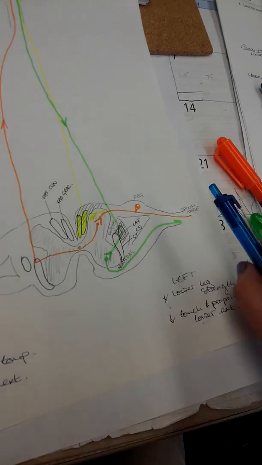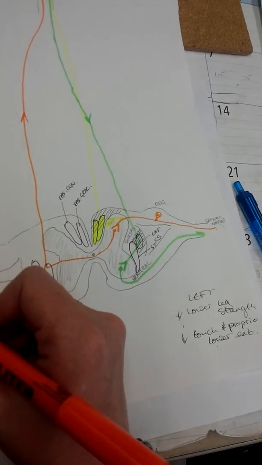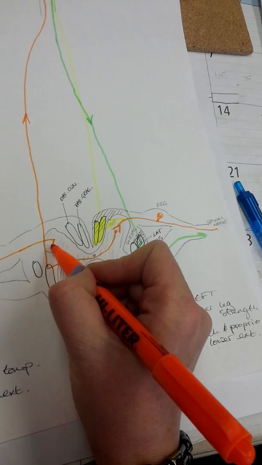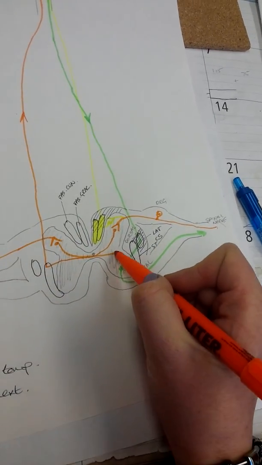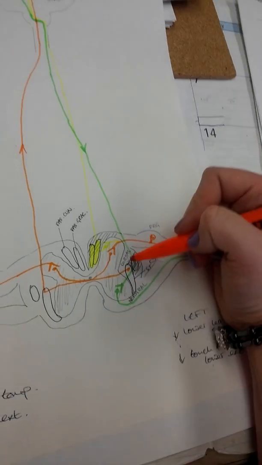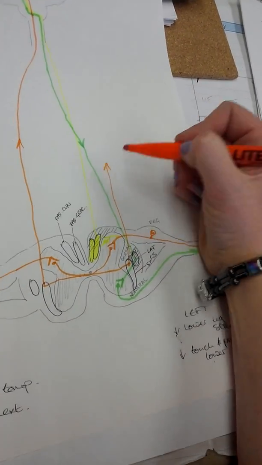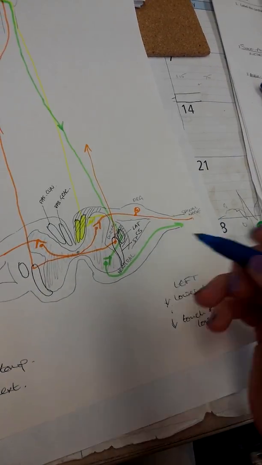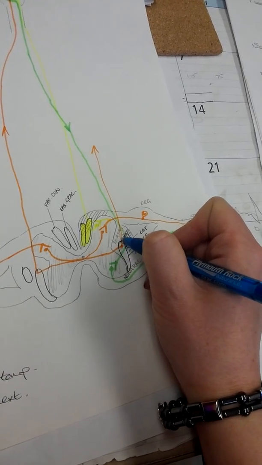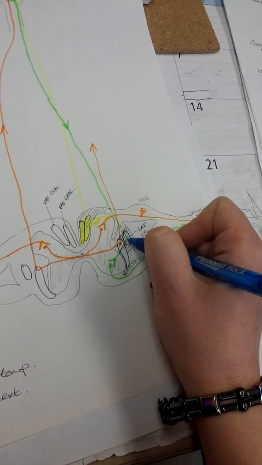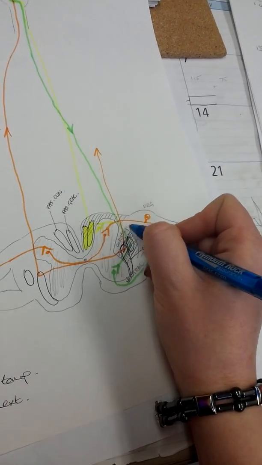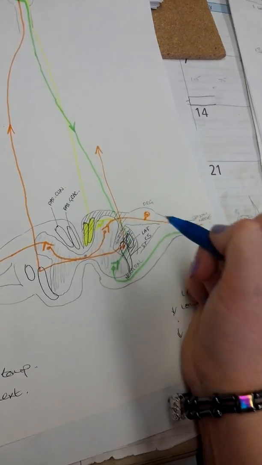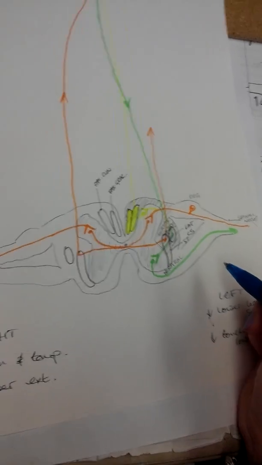Now, to explain the right-hand side, remember that this one comes in from the right-hand side, synapses, but this decussates to the left spinothalamic tract before ascension. So we know that the left spinothalamic tract is now affected. So this entire section is injured.